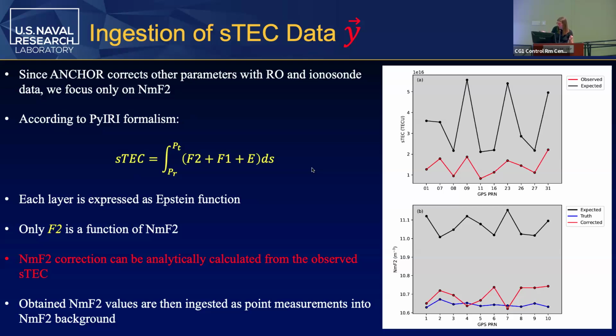With the black line, we have the expected slant TEC from just one ground-based station that communicates with several different GPS satellites, and the red line shows the observed slant TEC. Then we find the difference between observed and expected slant TEC, and convert it into by how much NmF2 should change to match that difference. The next plot shows the NmF2, and the corrected one is the red one, and it's very close to the blue one, which is the truth.